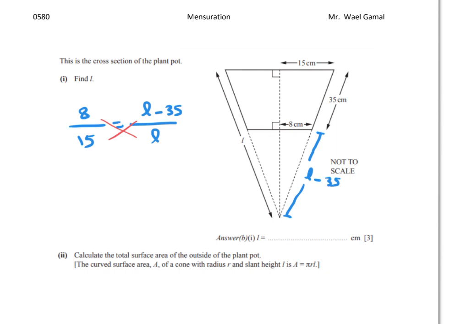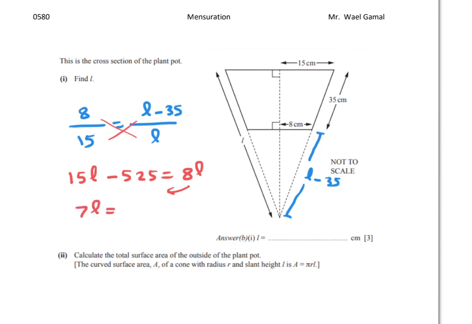Now cross multiply to find L. So 15 times L equals 15L, 15 times 35 is 525, and 8 times L equals 8L. Now transpose 8L to the other side as negative, so 15 minus 8 equals 7.